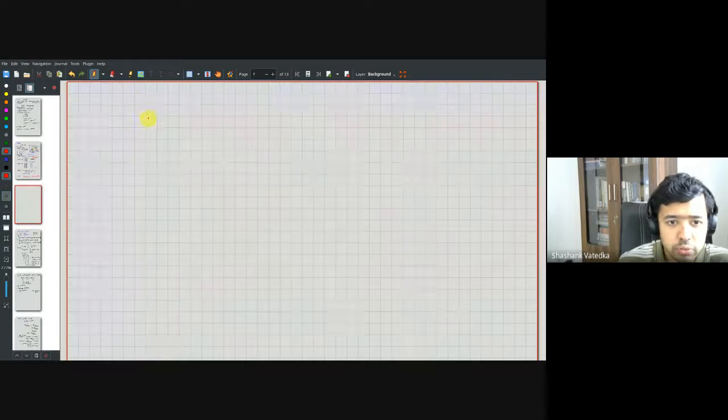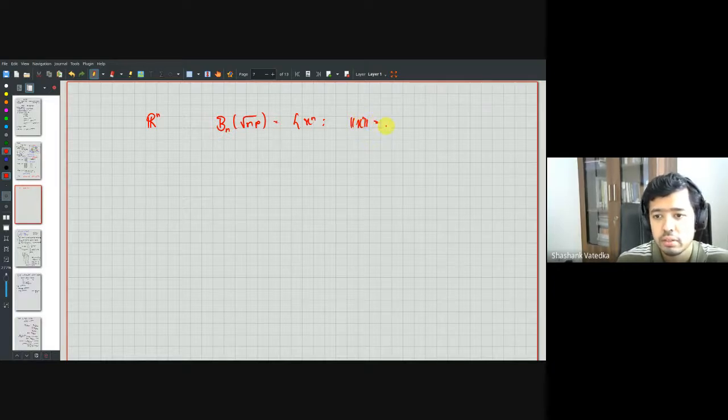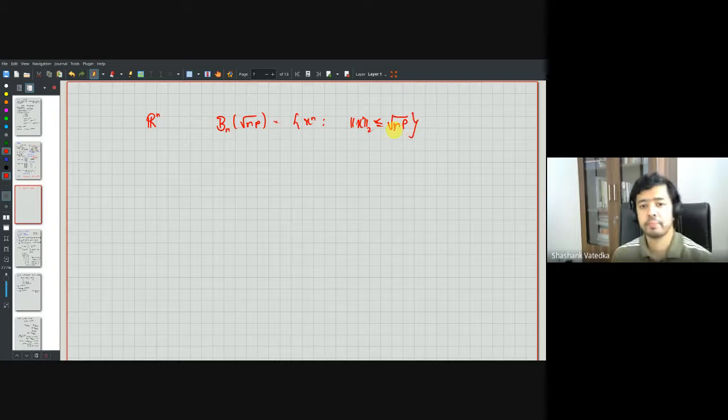So you look at R^n and you look at the ball of radius, say, square root np, the set of xn such that the norm of xn is less than or equal to square root np.